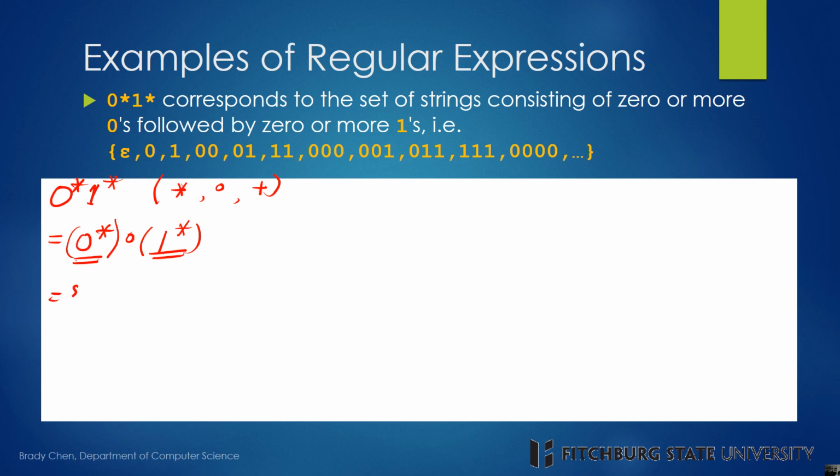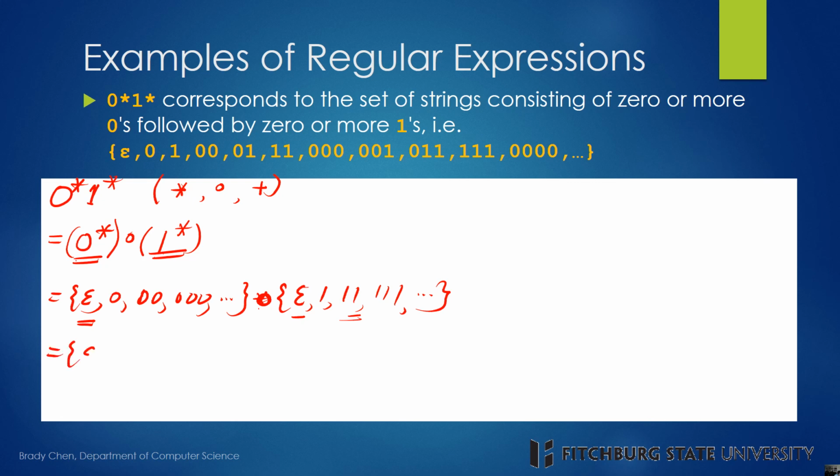The first one is epsilon, 0, 00, 000, and so on. That's the Kleene star of 0. And the second is epsilon, 1, 11, 111, and so on. Now that's a concatenation, so you need to pick one element from the first language and another element from the second language, and include all the combinations.